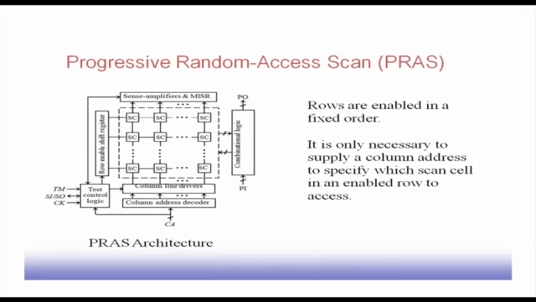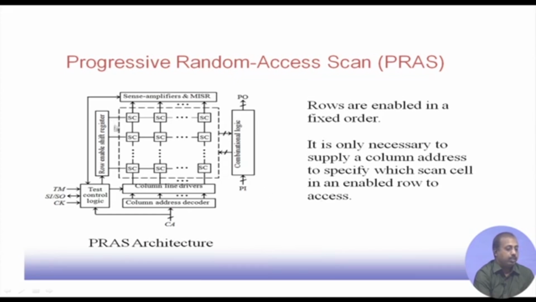So, basically these column drivers and sense amplifiers are there. They will drive individual columns and the sense amplifier will sense the difference between the SD and SD bar lines. Rows will be enabled in a fixed order, so that we can read all these scan cell elements, and it is only necessary to supply the column address to specify which scan cell in an enabled row to access.